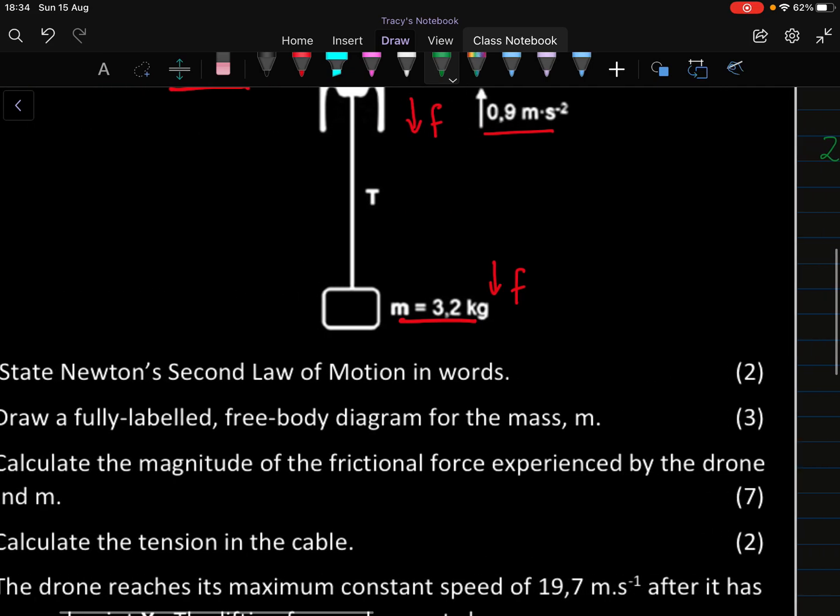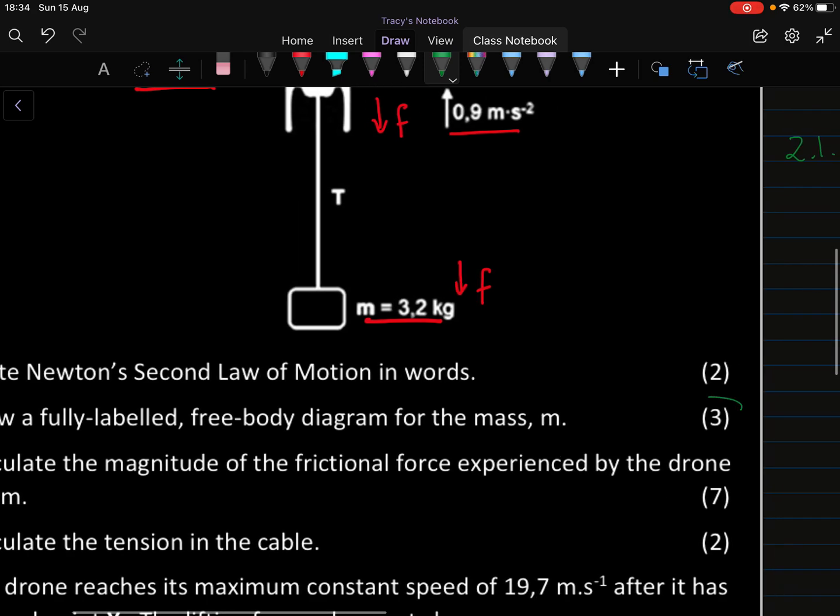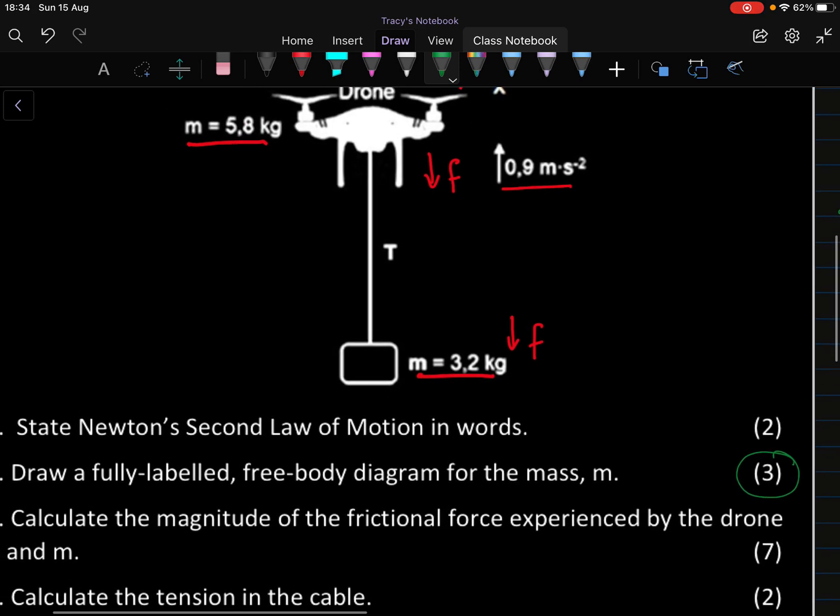Now they say, draw a fully labeled free body diagram for the mass M. It's only worth 3 marks. That means there's only 3 forces acting on it. Here we need to just think through this carefully because the force of the drone becomes an issue.